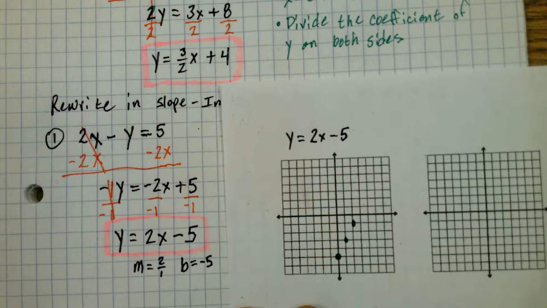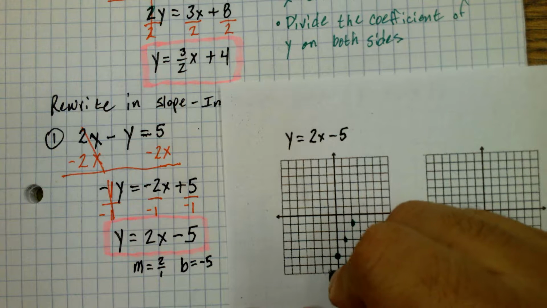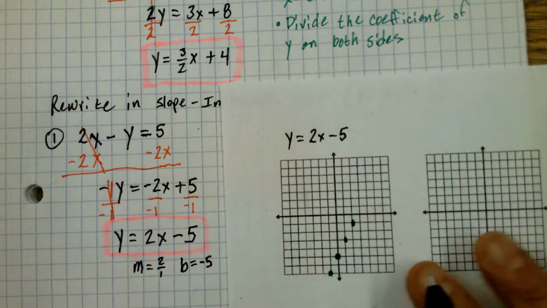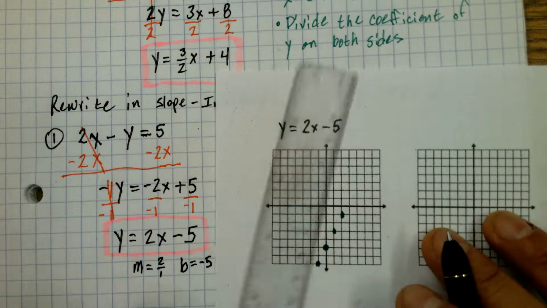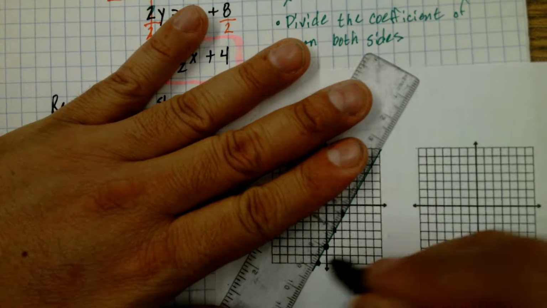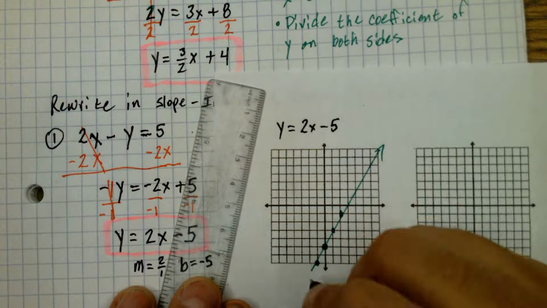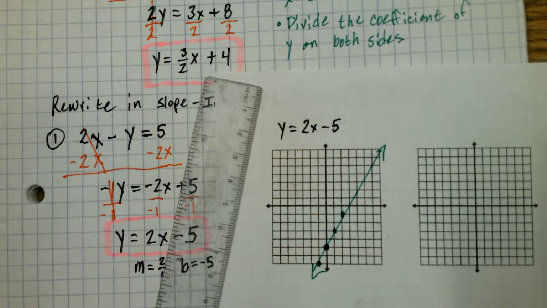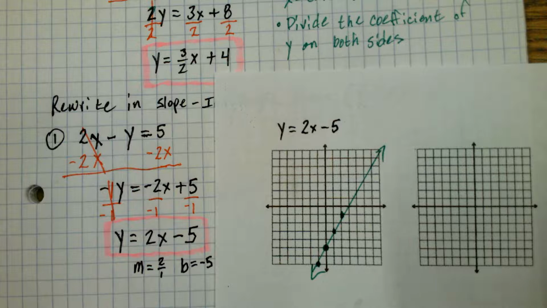Down 2 and to the left 1. And there I have 4 points, which is more than enough to tell my line will do something like this. Okay. All right. Any questions? Let's do 2 more.